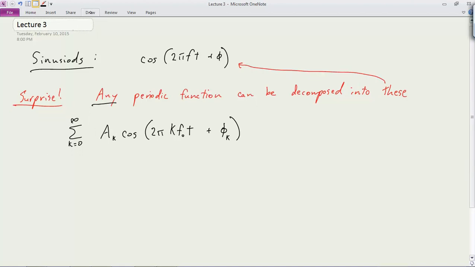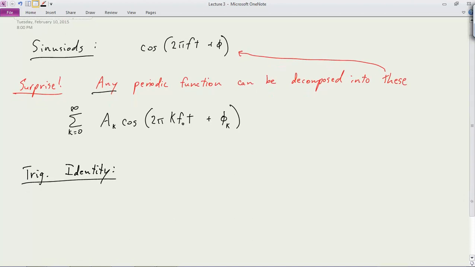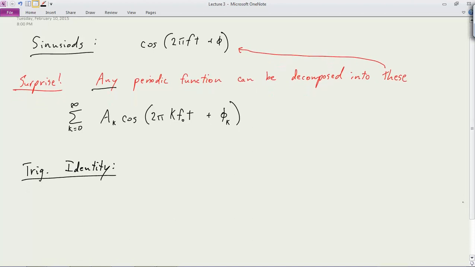Okay, so something to notice here, there's a trig identity. That is the following. If we have a cosine, no phase shift, a true cosine, and a sine added together, actually let's subtract just for convenience here.